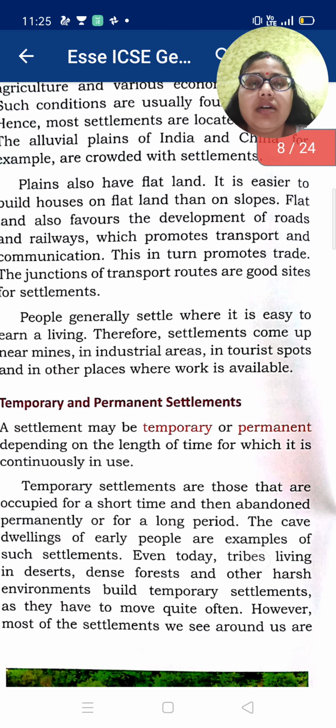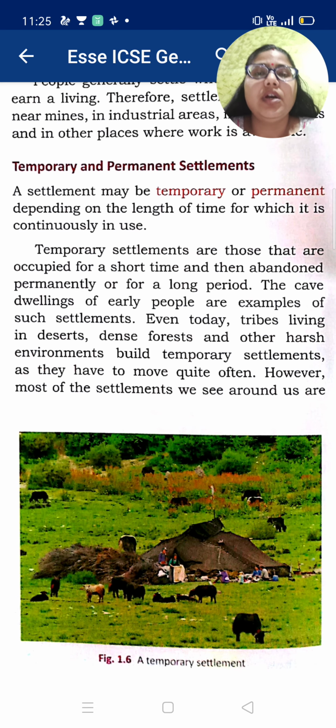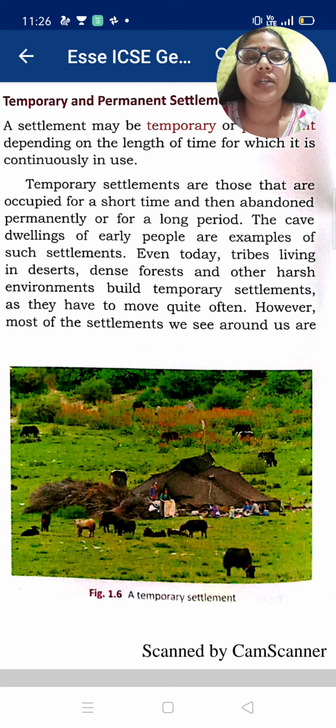Now, the next topic in this is temporary and permanent settlement. A settlement may be temporary or permanent depending on the length of time for which it is continuously in use. Okay, so there are two types, temporary and permanent. Now, what are temporary? Temporary settlements are those that are occupied for a short time and then abandoned permanently or for a long period.